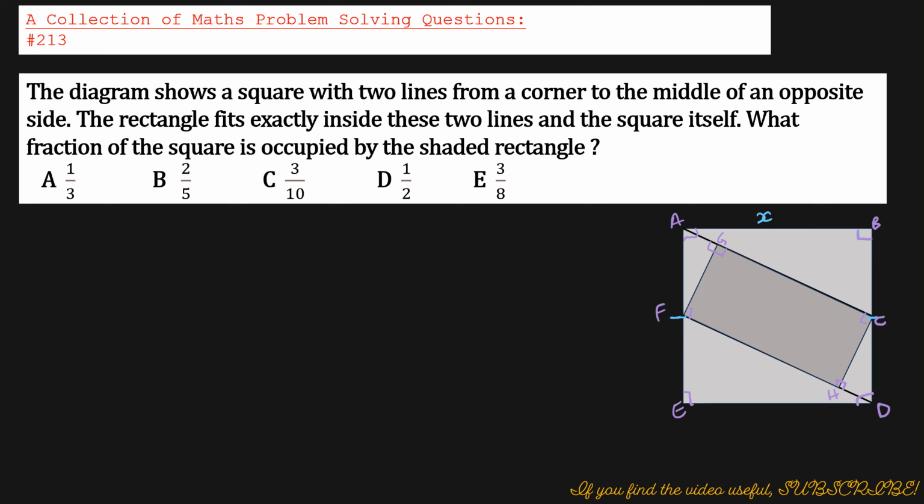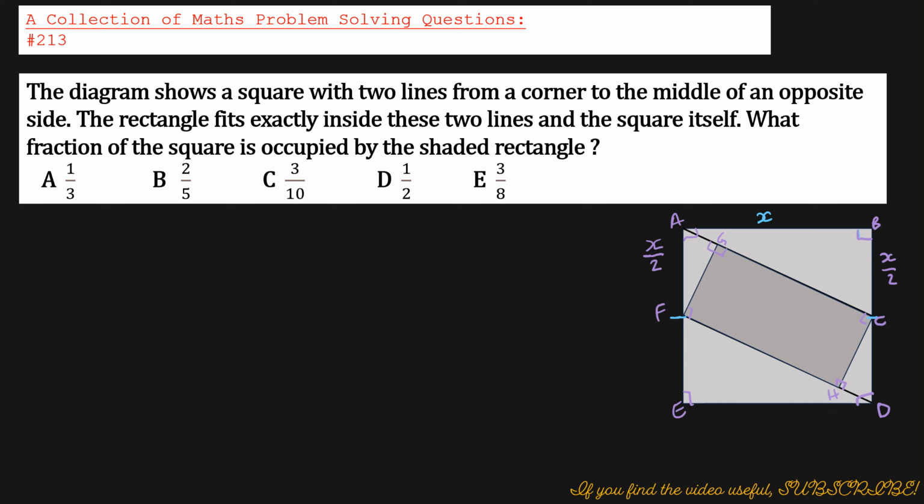So then what is BC? AB is x, so BC obviously is going to be x out of 2. And therefore AF will also be x out of 2, because F is the midpoint and C is the midpoint. So AF equals BC.